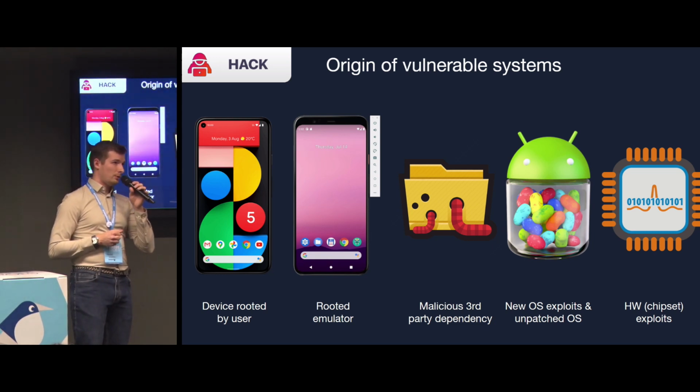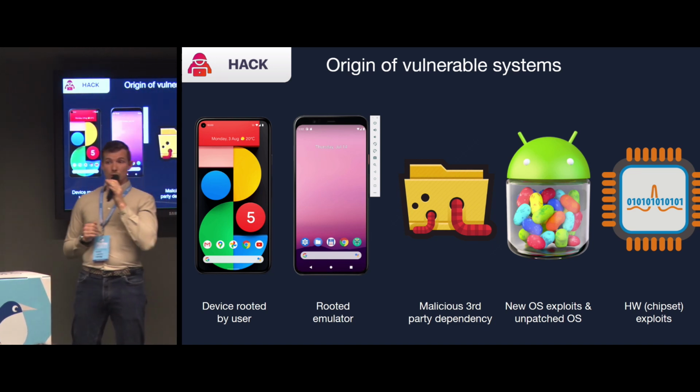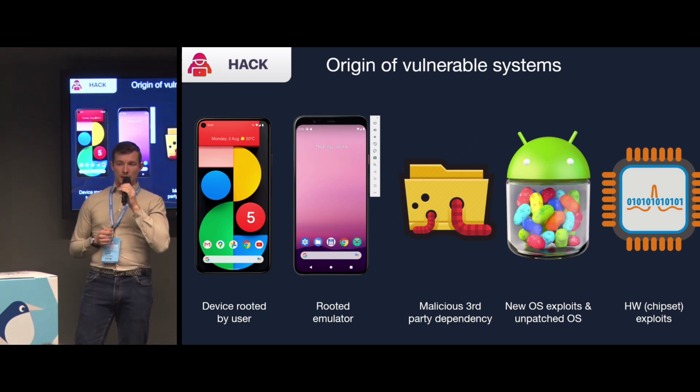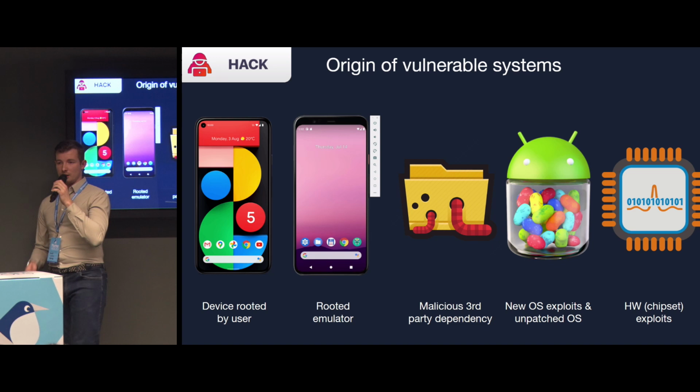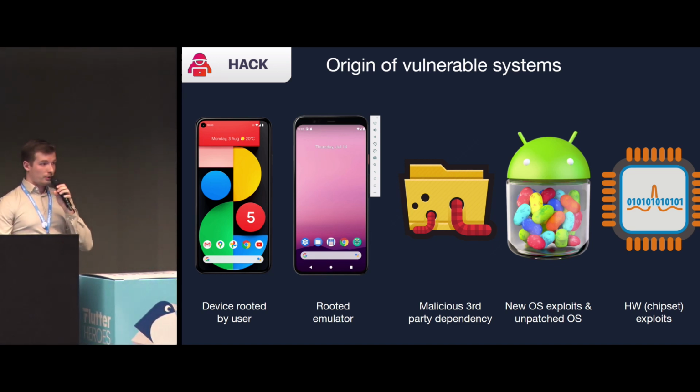So there are also hardware-based exploits which exist from time to time. So these are examples of rooted devices or privilege-escalable environments which are still present, and you still have to count with them.